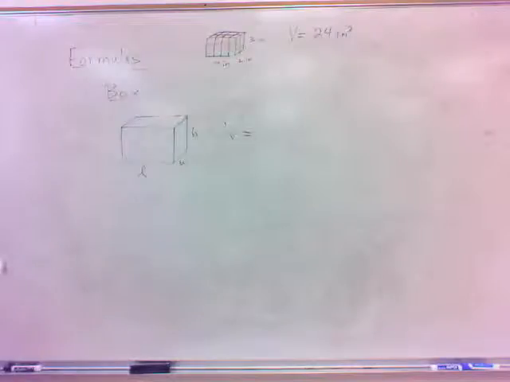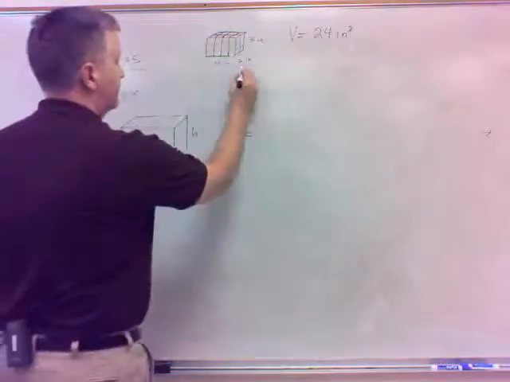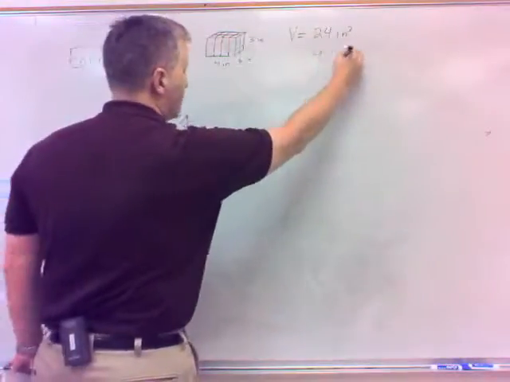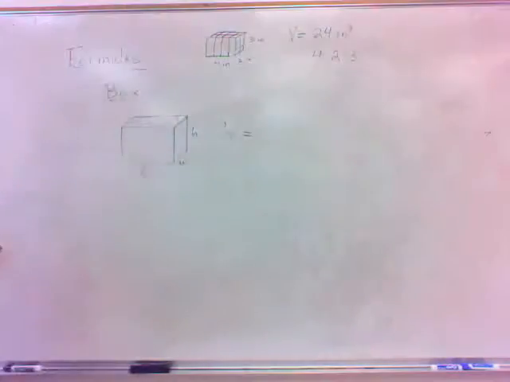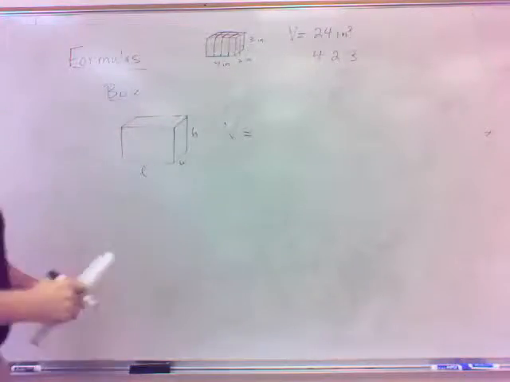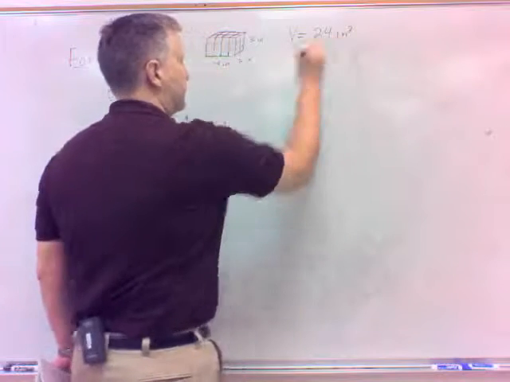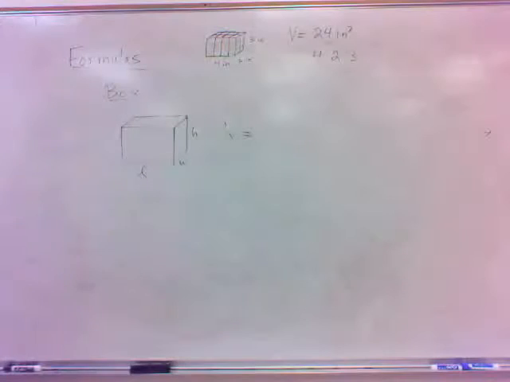Now, if you look at it, I've got the dimensions 4, 2, and 3. Is there any way to get 24 out of 4 and 2 and 3? Well, of course, multiply those three things together. 4 times 2 times 3, you get 24.